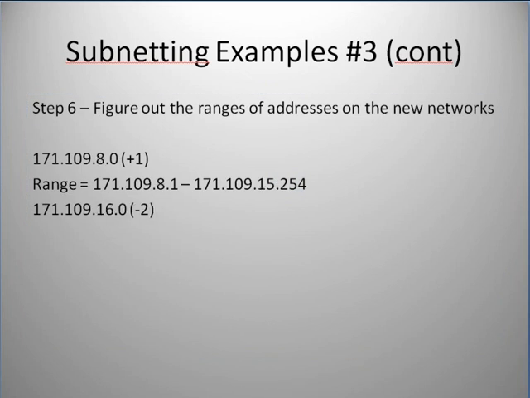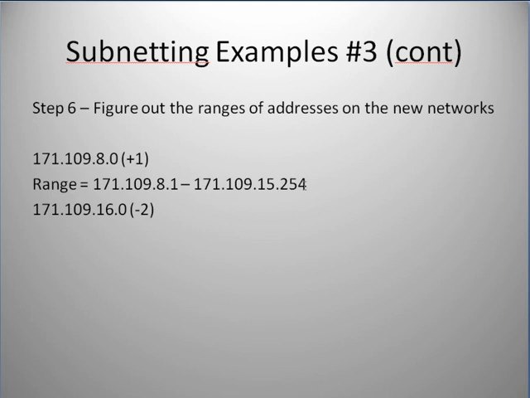When we look at the next address range, the 8.0 is the first network ID we're dealing with. This is the one we want to figure out for. 16.0 would be the next network ID, so that's my top end. So we do the +1, which gives me again the first available address, 171.109.8.1, and then count back 2 from 16.0. So the broadcast address here would be 15.255. The last available address would be 15.254.